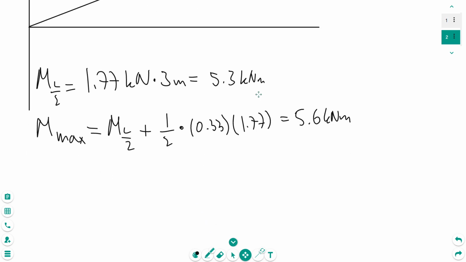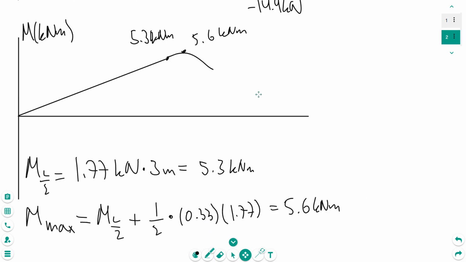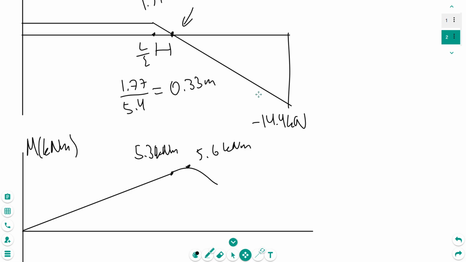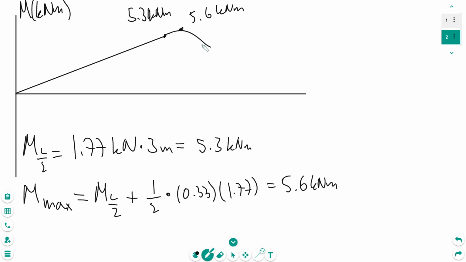Finally, we have a linear decrease in the shear force diagram, leading to a quadratic decrease in the moment diagram, giving a slope something like this.